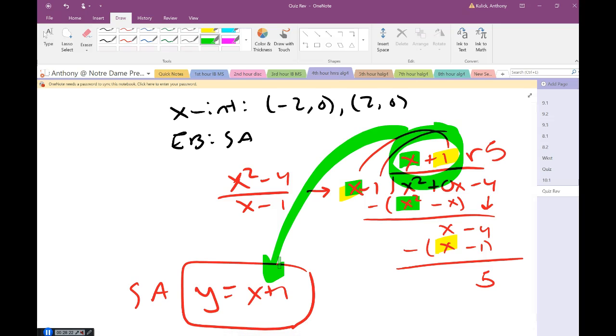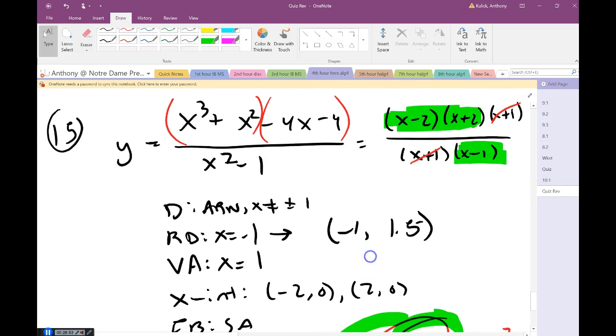Are you okay with that, Kevin? Are you sure? You mean negative 3? Sure. You're right, but it doesn't really matter because the remainder doesn't do anything. But yes, thank you for catching that. Yeah, Katie? How did you get the removable discontinuity 1.5?